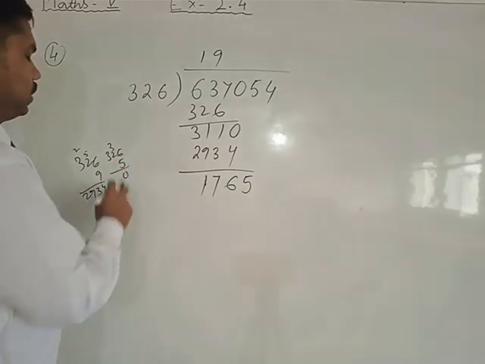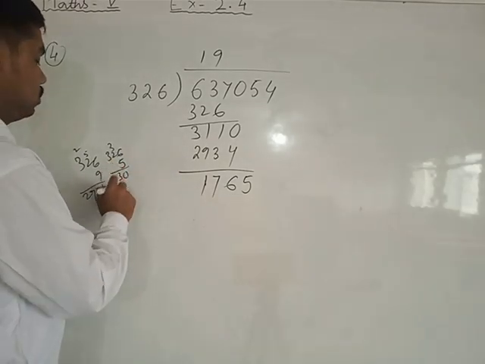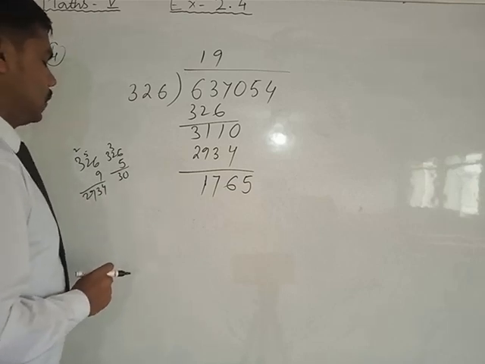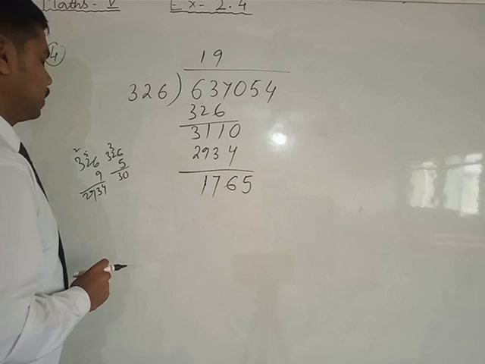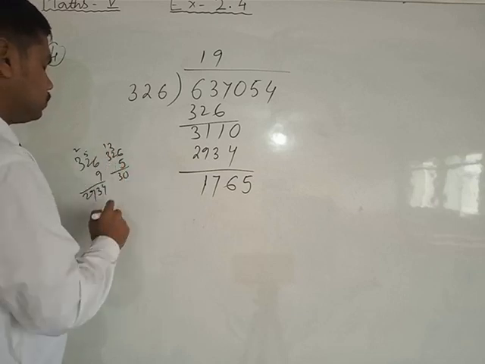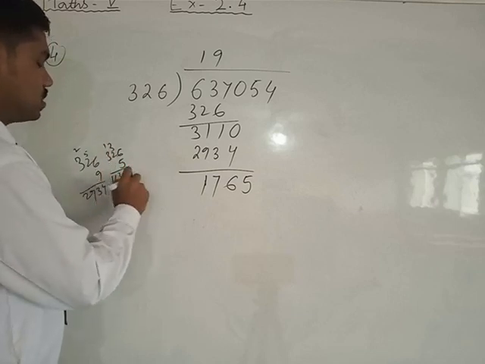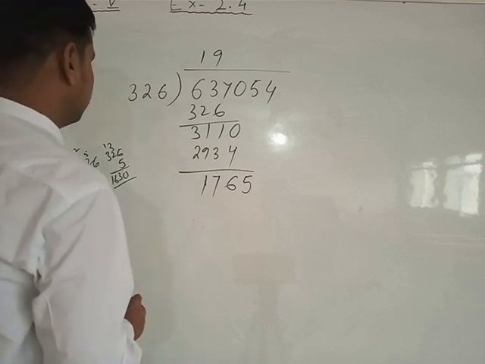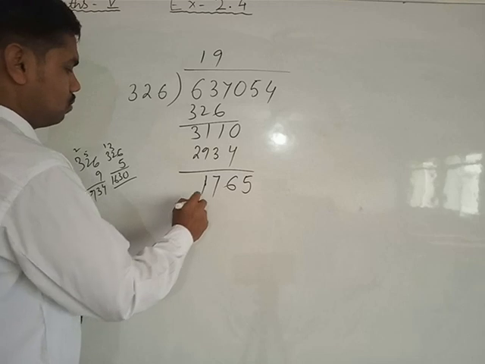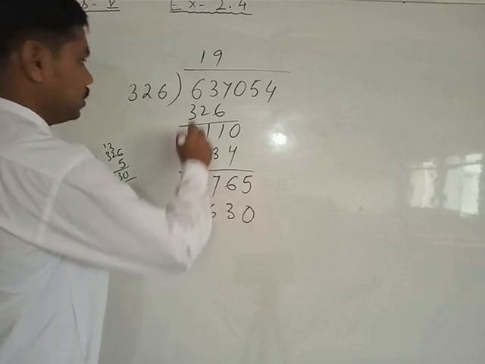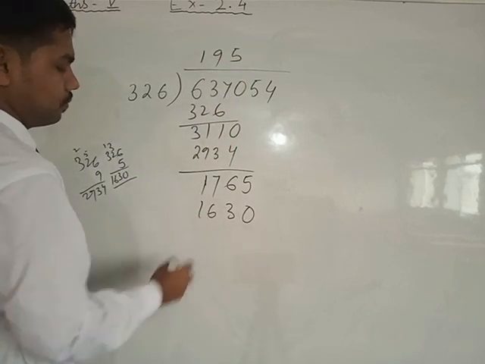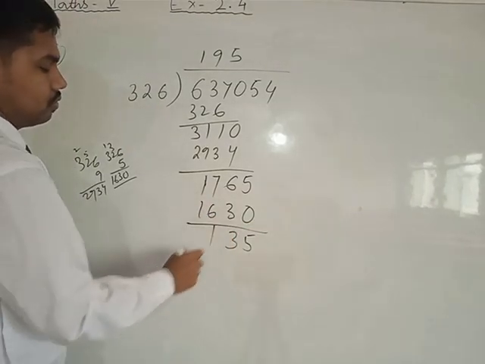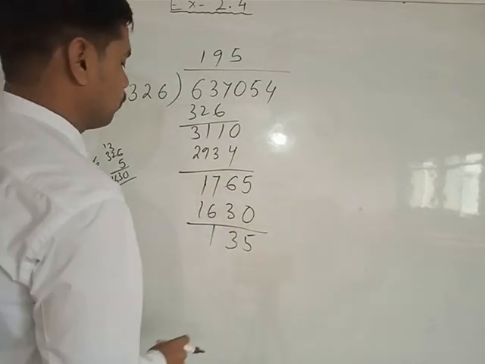So 13, 13, 16, 1630. So 1630 with 5, it will be 5 times 3, 1, 135.